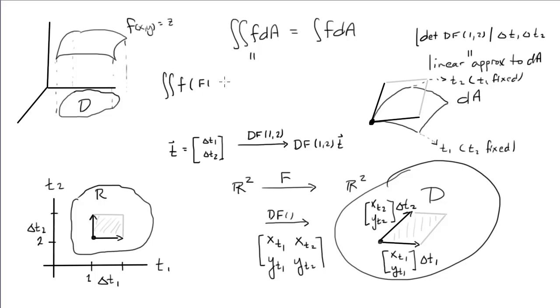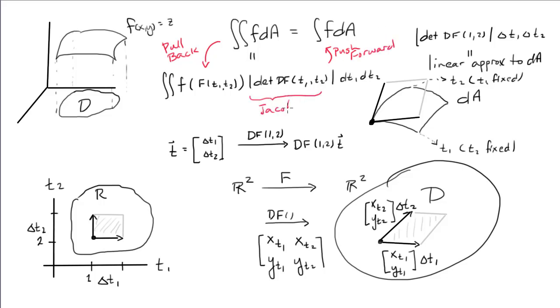And now I'm back to iterated integrals, to Calc 1 integrals. There's my pullback from space and my push forward and my Jacobian. Integrating over the parameter space, integrating in space itself.